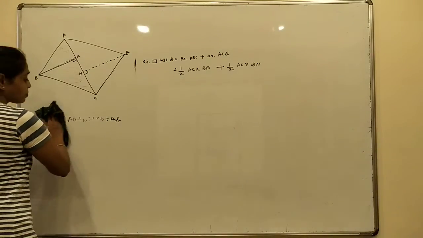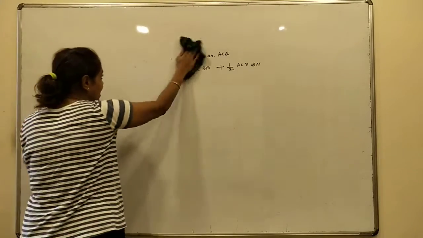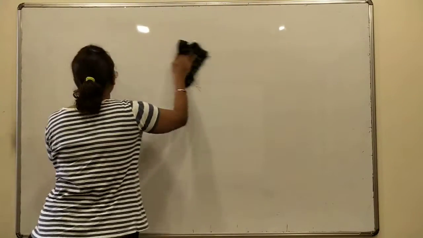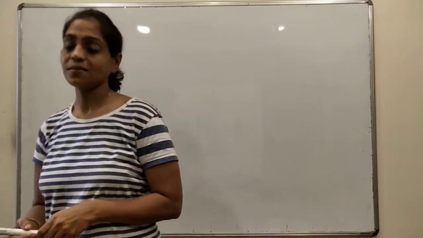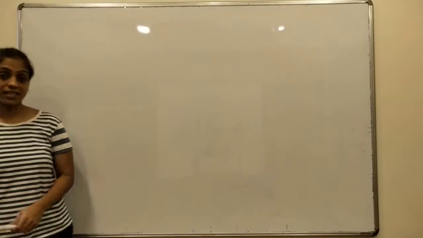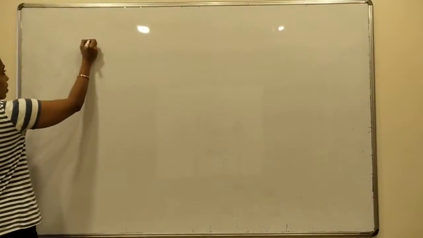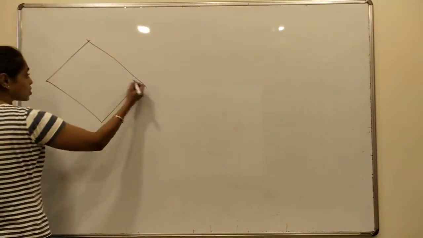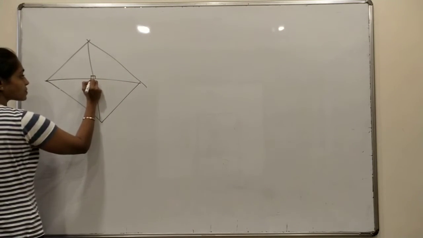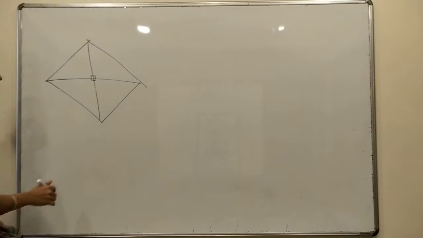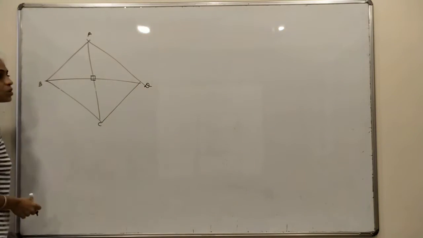Now the second case, when the quadrilateral whose diagonals intersect each other at 90 degrees, for example such a quadrilateral ABCD, whose diagonals intersect each other at 90 degrees.